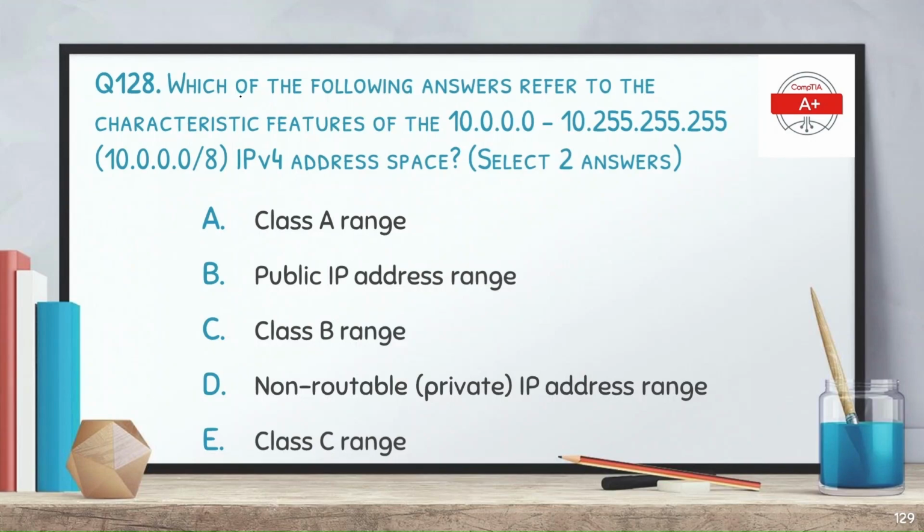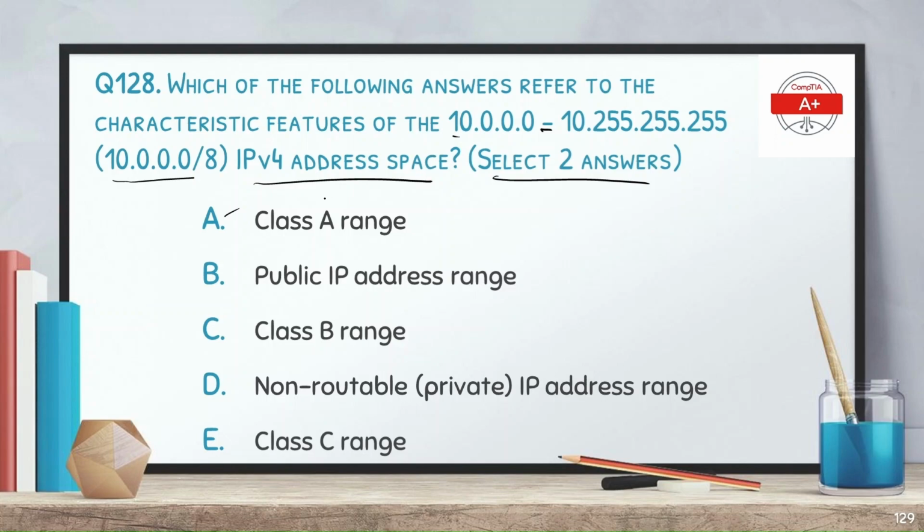Question number 1 to 8 is that which of the following answers refer to the characteristic features of the 10.0.0.0-10.255.255.255, that is 10.0.0.0/8 IP version 4 address space? We have to select two answers.